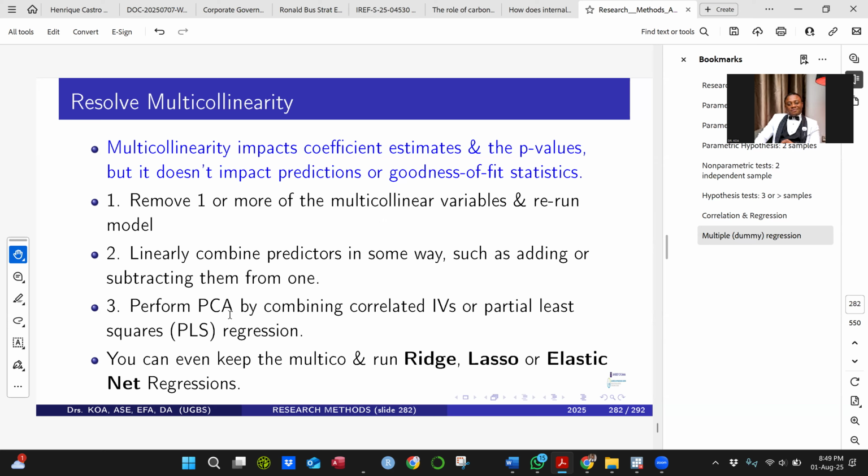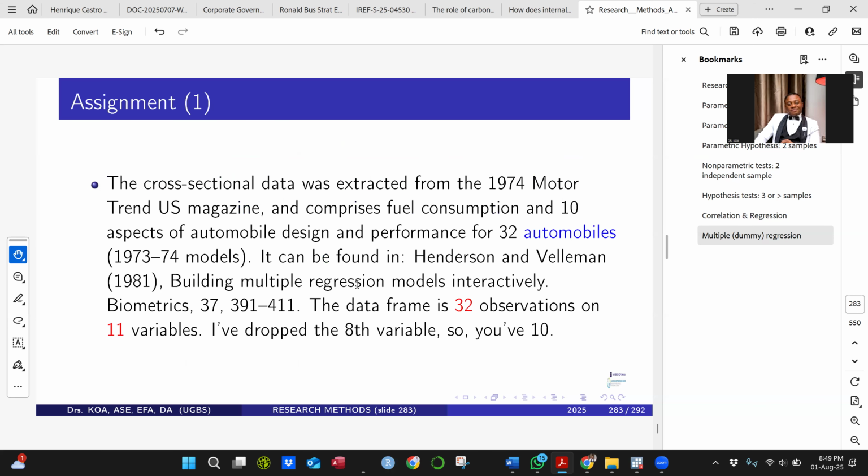And you can even go on to do ridge regression, lasso regression, and elastic net regression. These are machine learning models. Again, this is for your future research, for your thesis you'll be writing next academic year, but it's very practical for you to note all this.